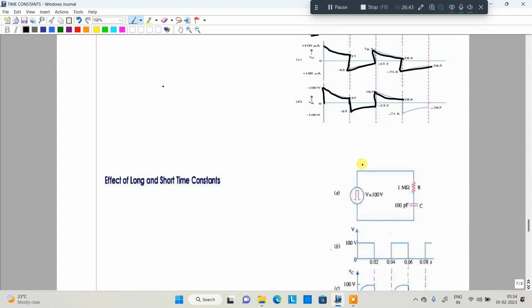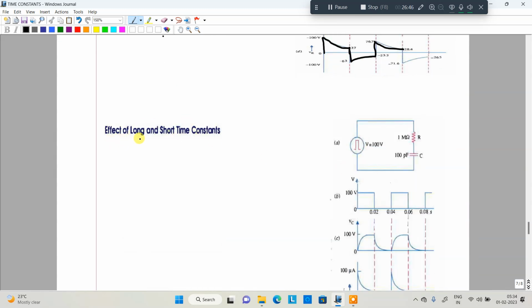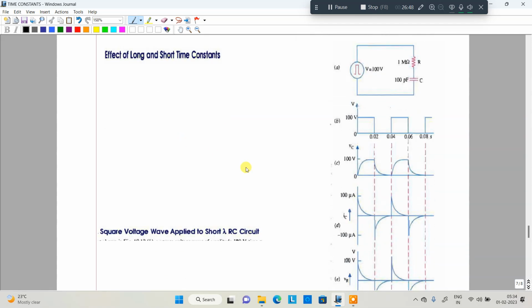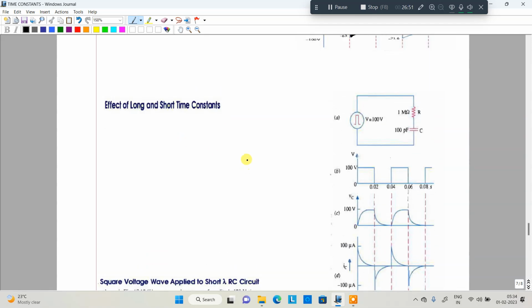Now we are taking the effect of long and short time constants. What is meant by a long time constant? What is meant by a short time constant?